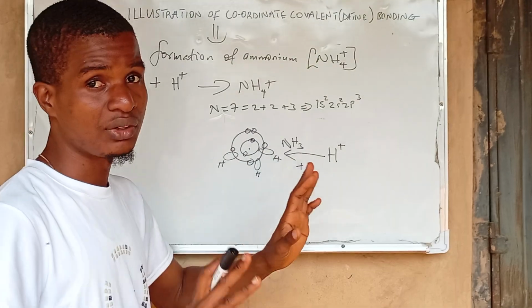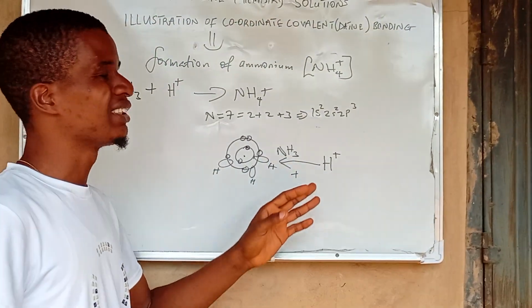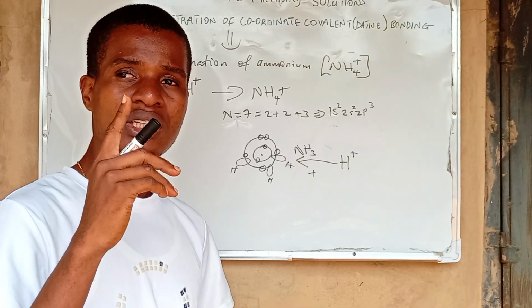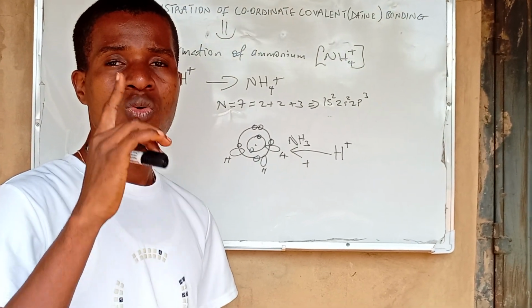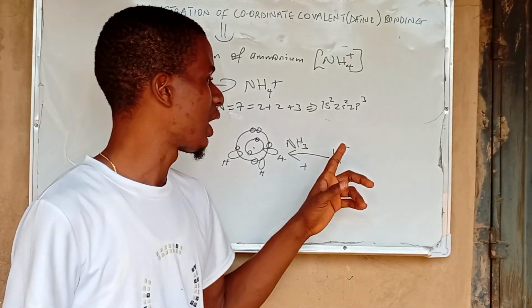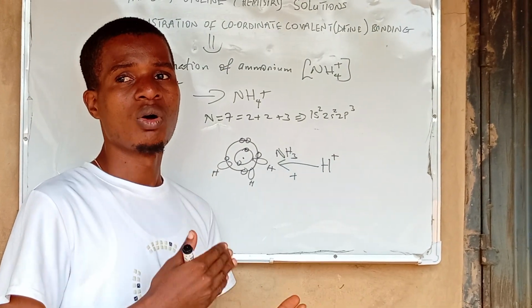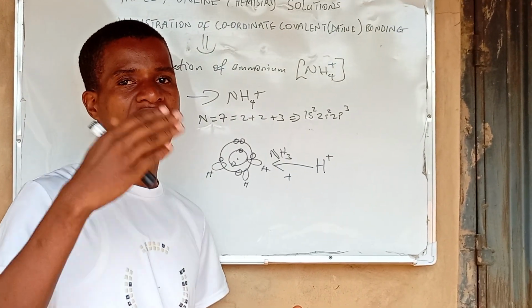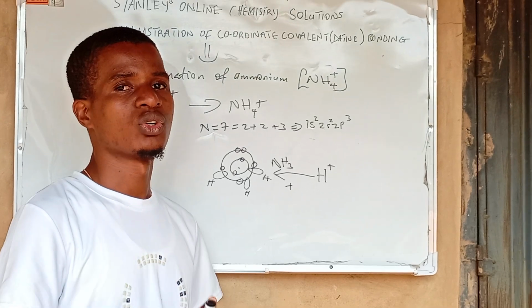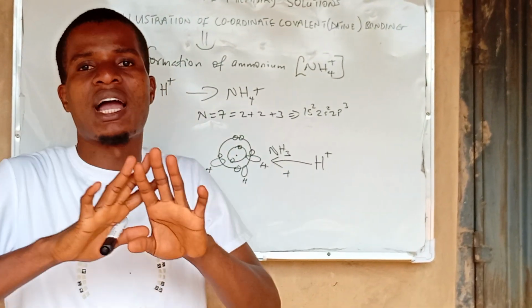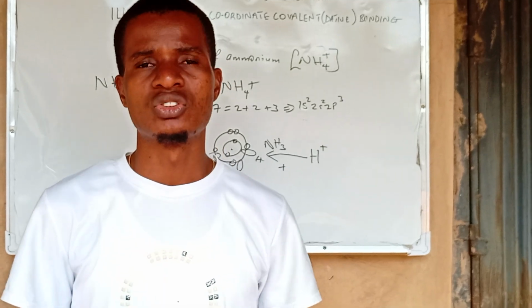So it's an acid, a hydrogen ion, a proton, but it has an empty shell. The shell of hydrogen has 1 electron. For hydrogen to carry positive, according to bonding, when we see positive, it means an electron was given out. So by 1 plus, 1 electron was given out, and hydrogen now has no electron again.